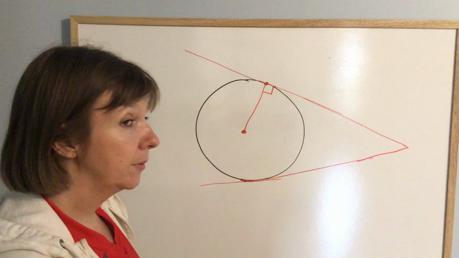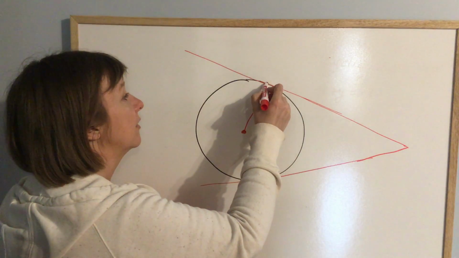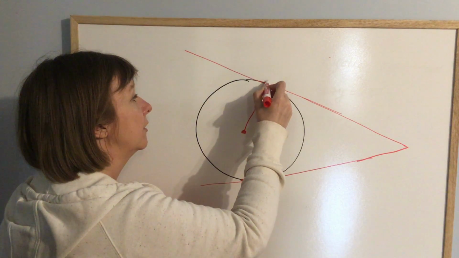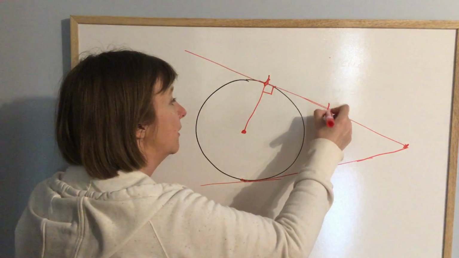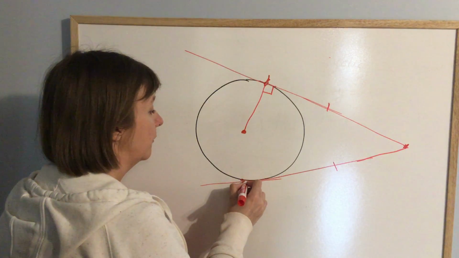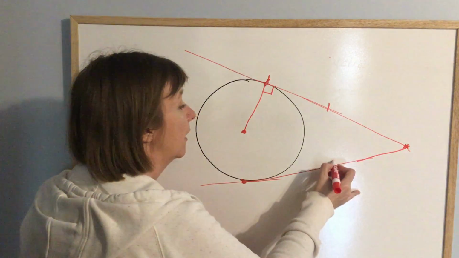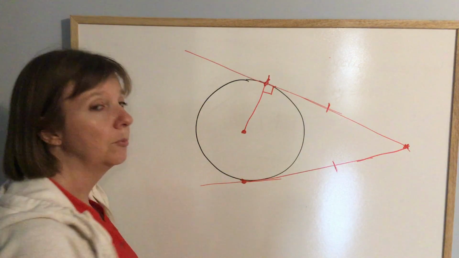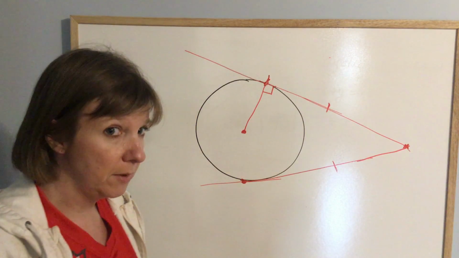Wherever they meet up outside of the circle, the distance from the tangent point to the point where that tangent line meets, these two are the same. So from the tangent point to where they meet, these two lines have to be the same length.